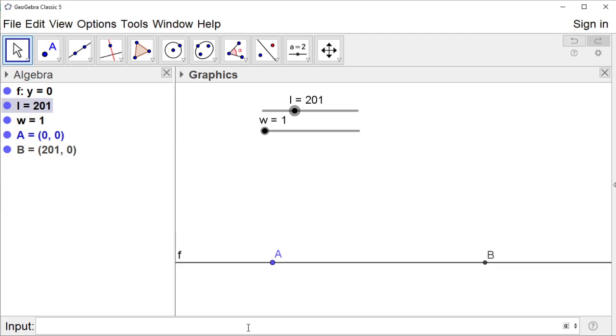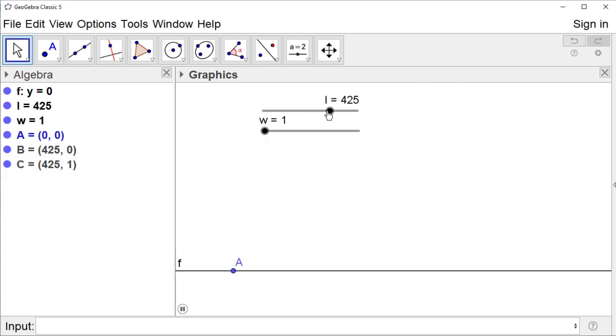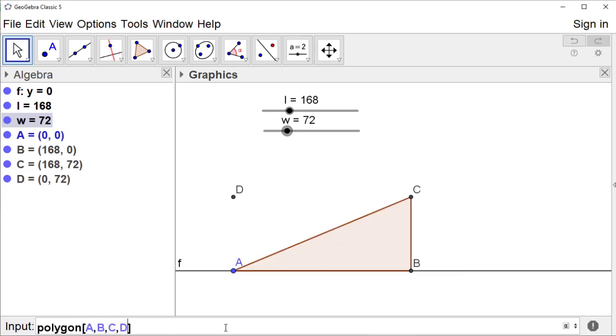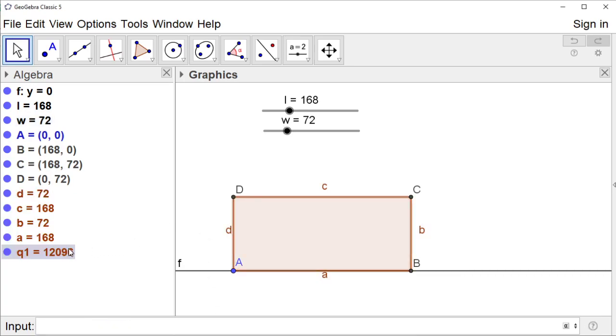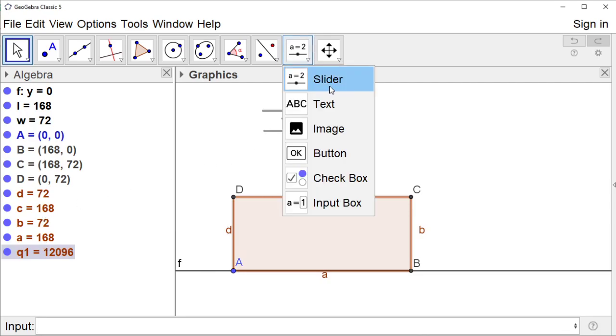And then what we're going to do is make a new point. So C is (L, W). Why the spacebar thing makes it animate, and then (0, W). Okay, so let's say here's a possible fence we could draw, and let's just make a quick here.